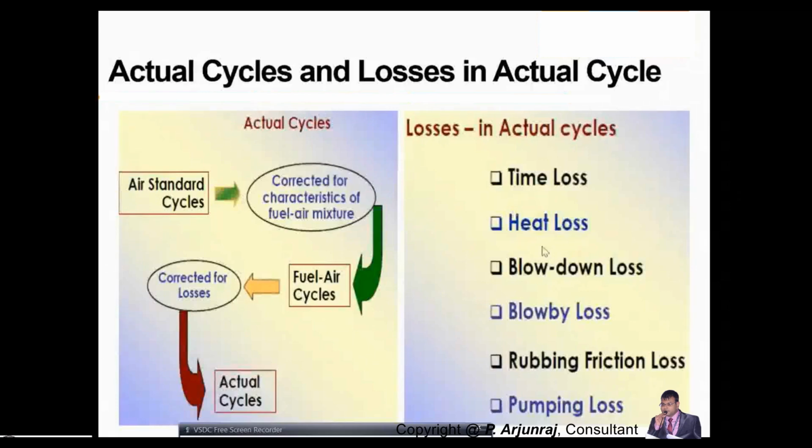The losses include time loss, heat loss, blowdown loss, blowaway loss, and pumping and friction loss. Because of all these losses, you cannot get 100% efficiency of an engine. You get a maximum of 45% for a diesel engine, and a maximum of 30 to 35% for a gasoline engine. Even achieving that needs a lot of R&D efforts.